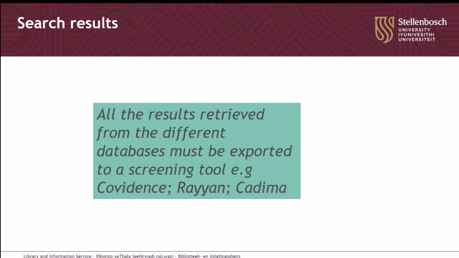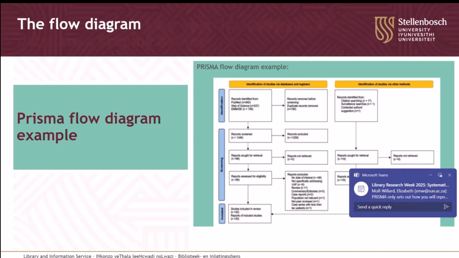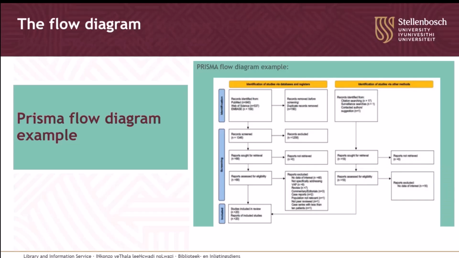If you follow those steps in those searches, you will be able to find the results for yourself, data that you can look at. So what are you after? If you look at other systematic reviews and scoping reviews, you'll find a PRISMA flow diagram. The PRISMA flow diagram is what you're after when you use a screening tool.